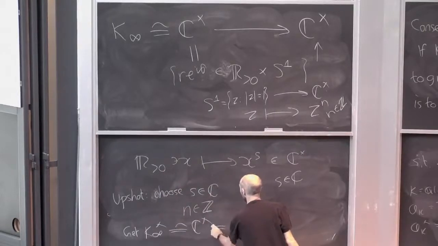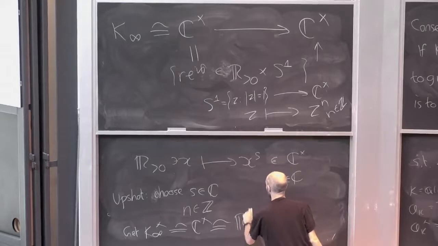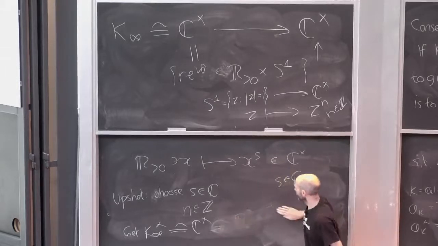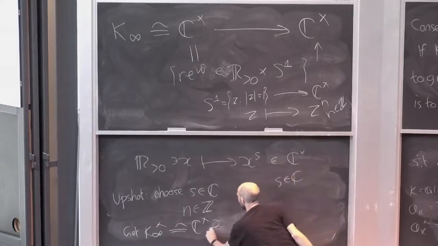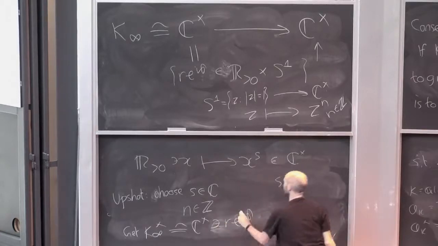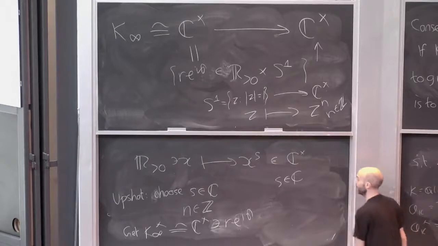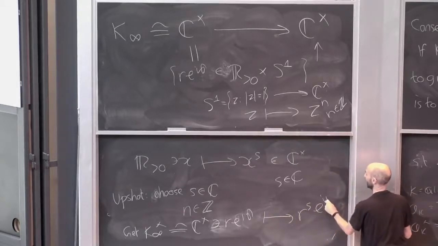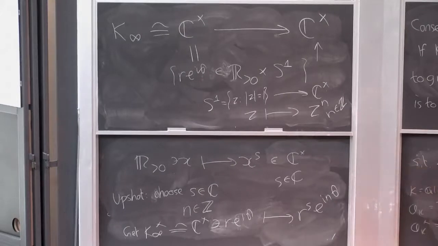This is isomorphic to R star cross S1. C star contains r e to the i theta. There's your general complex number, and that's going to go to r to the power s times e to the i n theta. Looks a bit weird, but it looks a bit weird because it's not holomorphic, you see.